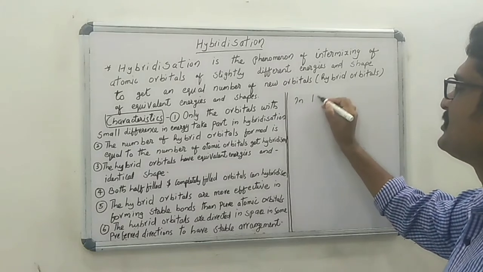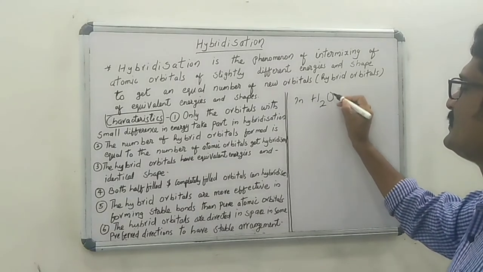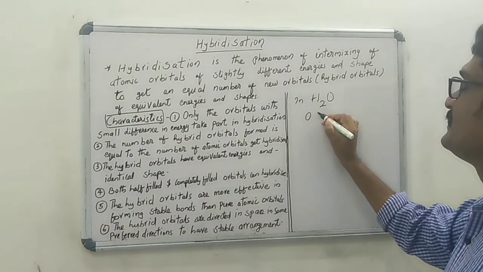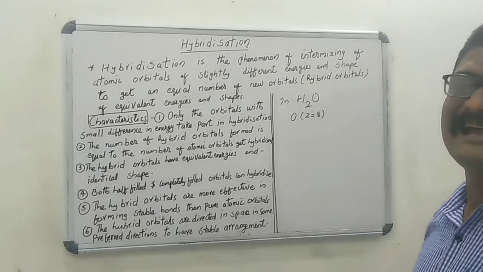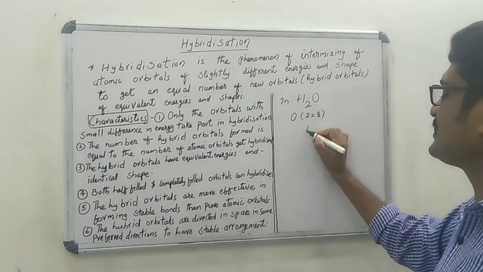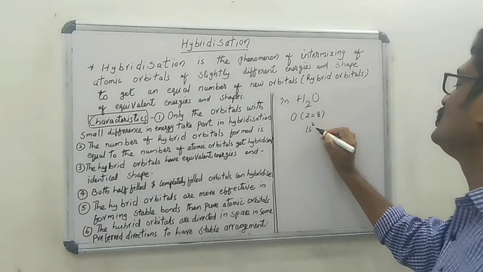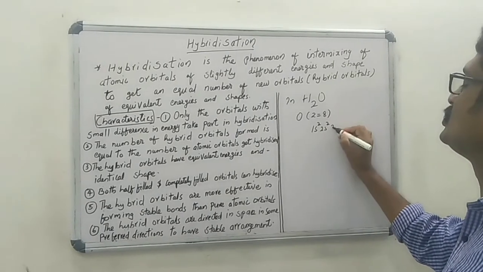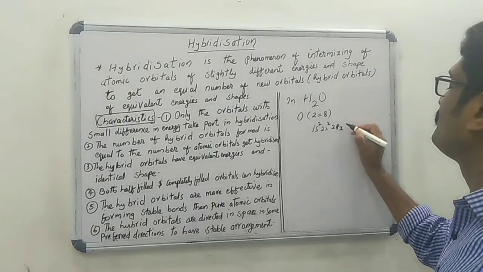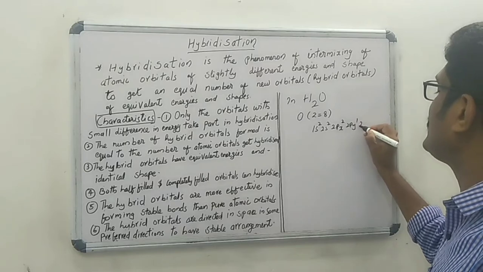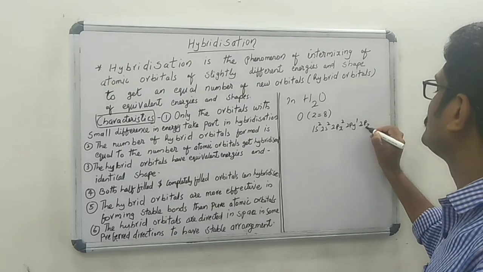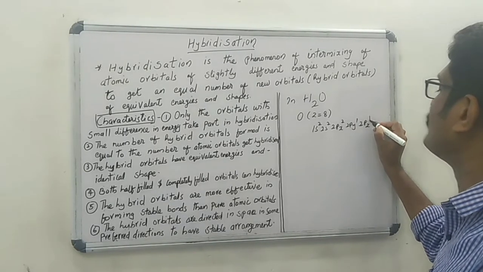We know in water, H2O, the central atom is oxygen. Its atomic number is 8 and its electronic configuration is 1s2, 2s2, 2px2, 2py1, 2pz1.